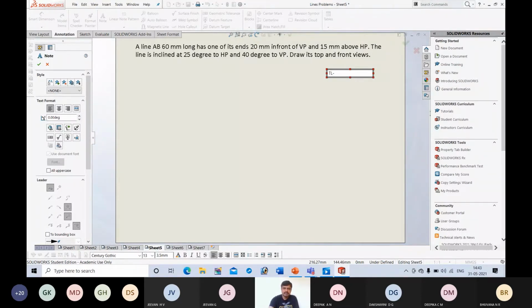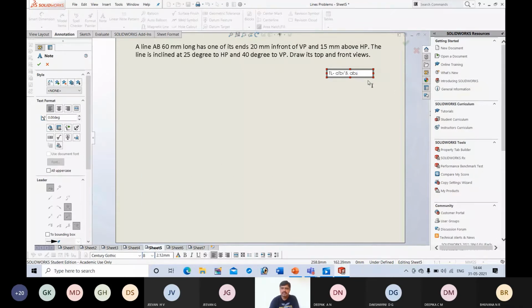So we use A dash B1 dash and also A B2 to represent the true length lines.